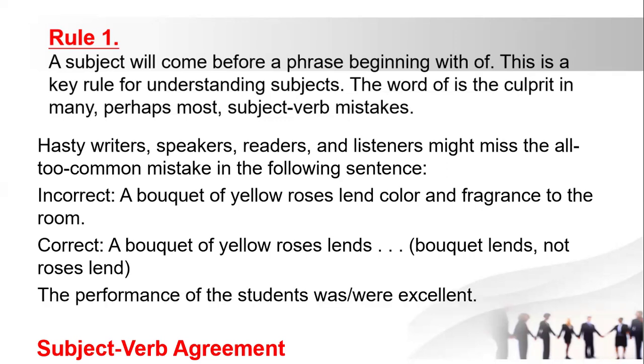The performance of the students was or were excellent. Again, here your subject is performance. So we are talking about performance. That's why the correct option is was: the performance of the students was excellent. So whenever you have of, do not get confused.